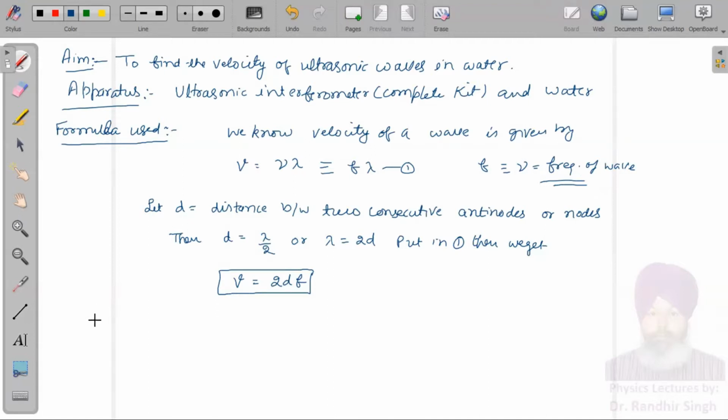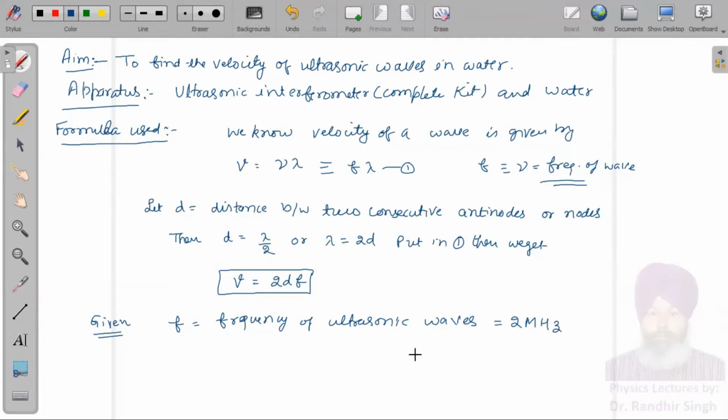So given here is f is equal to frequency of ultrasonic waves. It will be 2 megahertz. This is given to us.